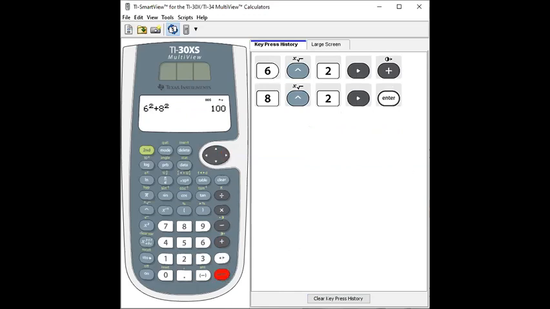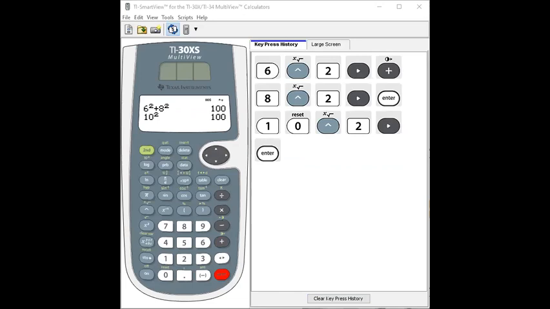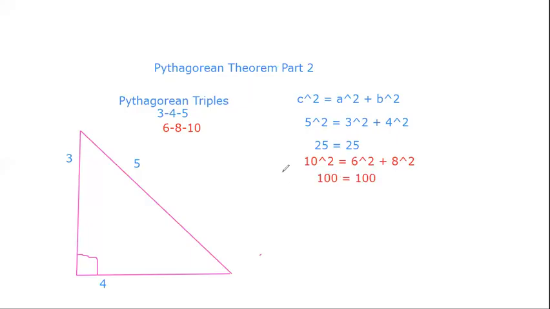That is 100. Well, hopefully you remember 10 squared, 10, up arrow 2, directional pad to the right, enter. And that is 100. So yes, 100 on both sides. So 6, 8, 10 is another Pythagorean triple.